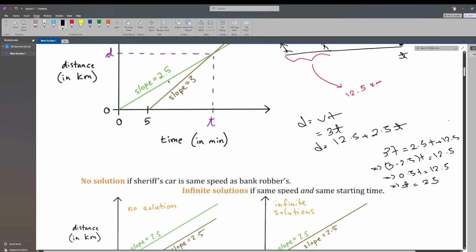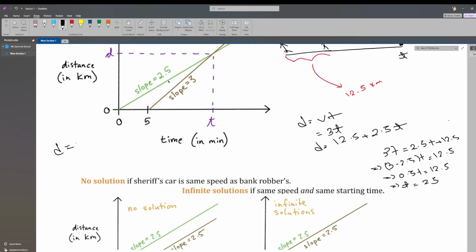So d should be 75 and t should be 25. Isn't it true? Obviously it is, because d equal vt, 3 into 25 is 75, right? So you can verify that.